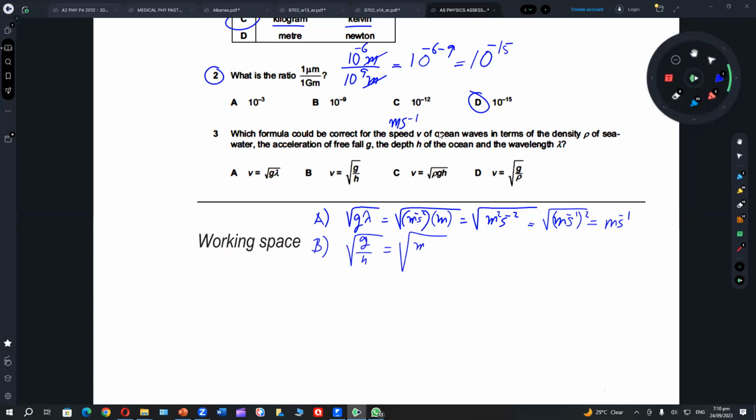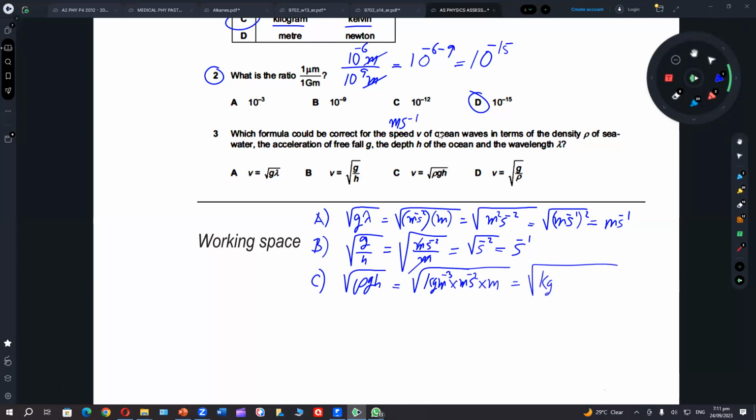It will be m s minus 2 upon m. Meter cancels. It will be s minus 2, not s minus 1. It is not matching. Then rho g h, which gives kg m minus 4.